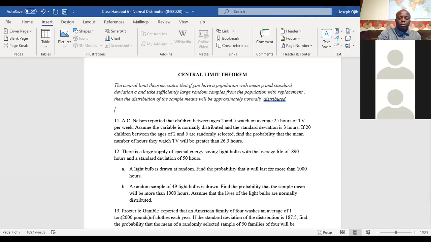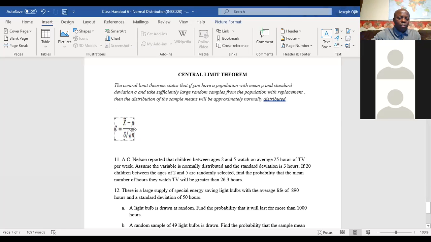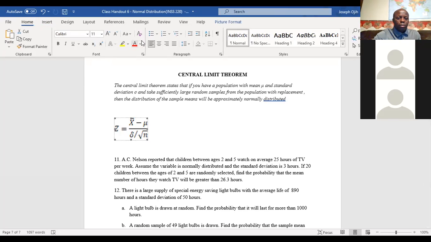When we want to apply the central limit theorem, we use this form to solve the equation. In this formula, X bar represents the sample mean, mu is the population mean, delta is the standard deviation, and n represents the sample size.